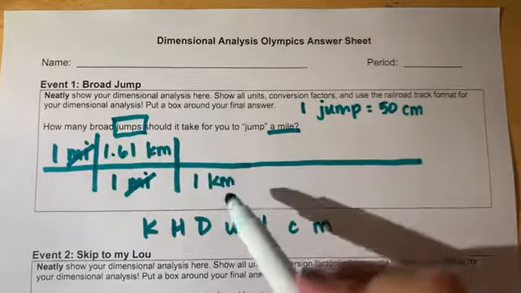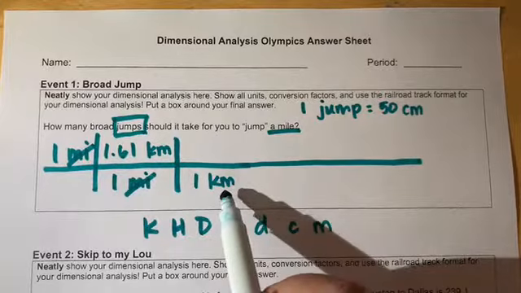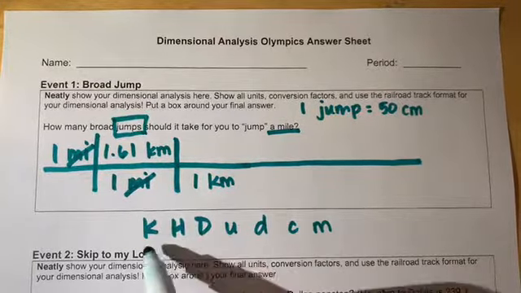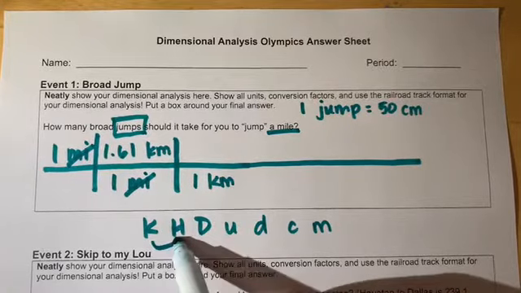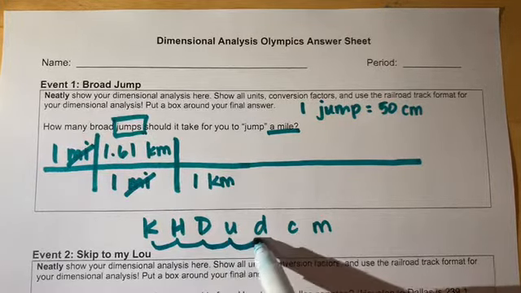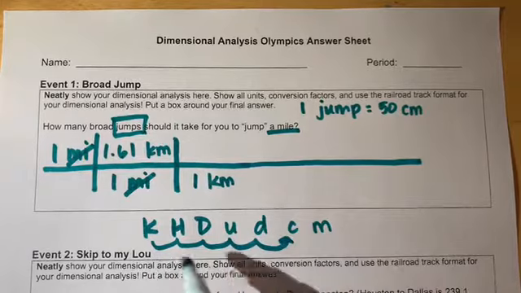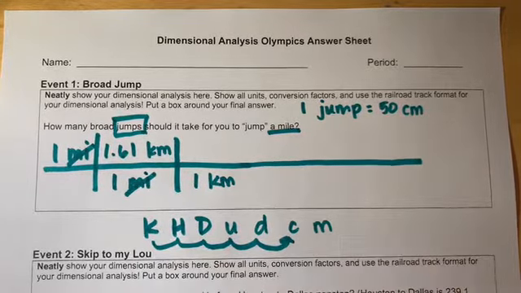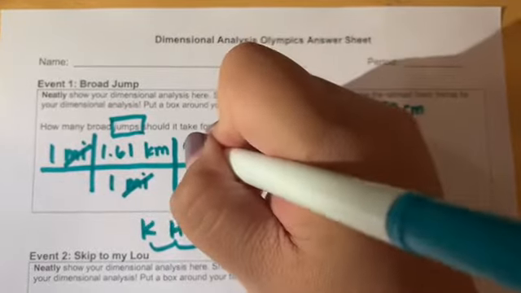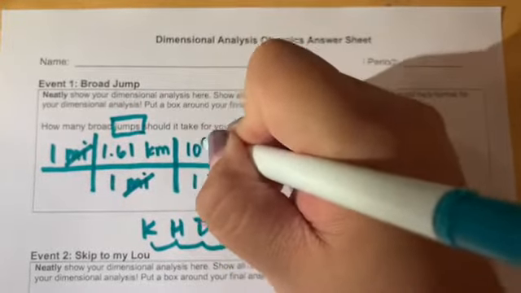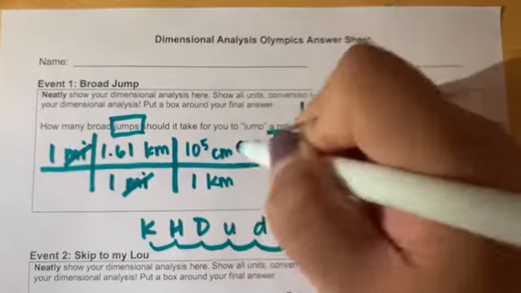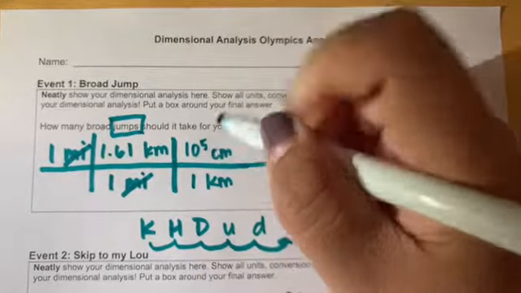So 1 kilometer is my bigger unit. How many centimeters is that? Let's use the jump method: 1, 2, 3, 4, 5. It's going to take me 5 jumps to go from kilometers all the way to centimeters, so that's 10 to the 5th power. So 1 kilometer is equivalent to 10 to the 5th centimeters.